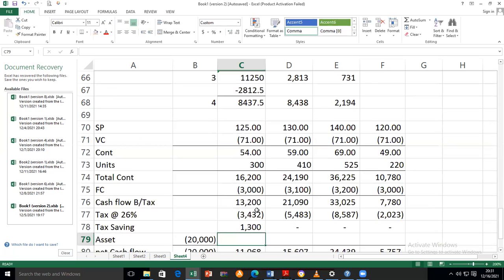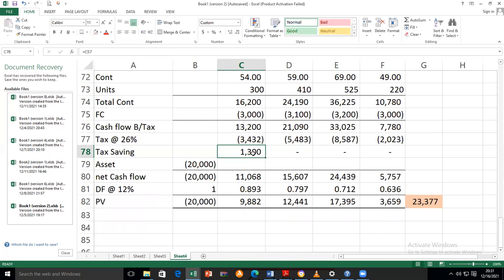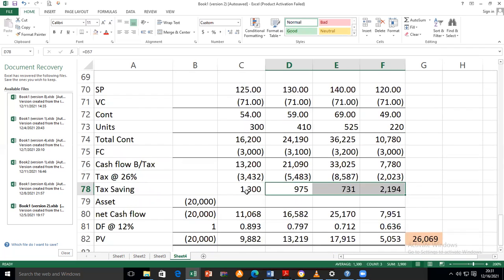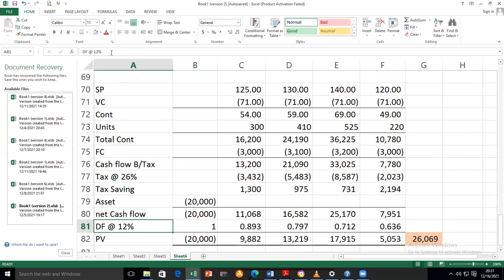Tax savings. What discount rate are we supposed to use? The real rate. 8%. Yes, that's the one we are supposed to use.